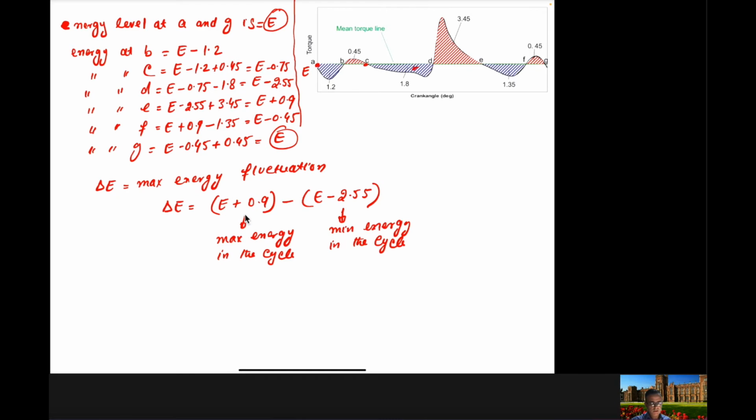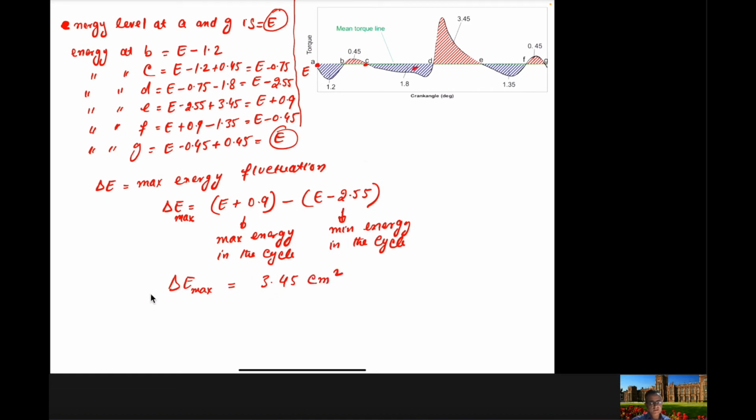So if you subtract the minimum energy from the maximum energy, you will get the maximum energy fluctuation. So in this case, delta E maximum will become 3.45, and the units here are in centimeters square.